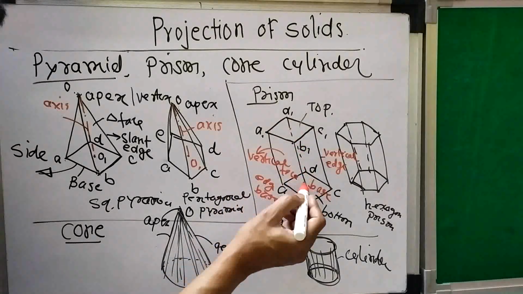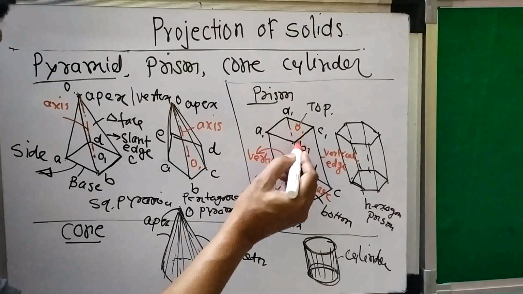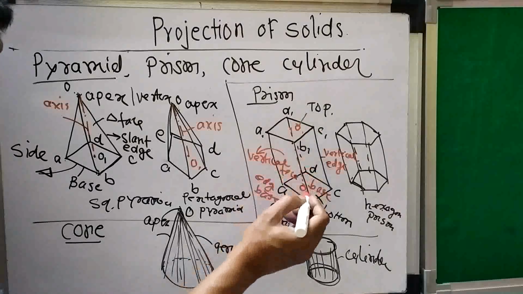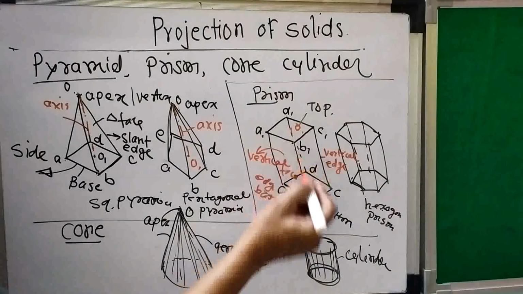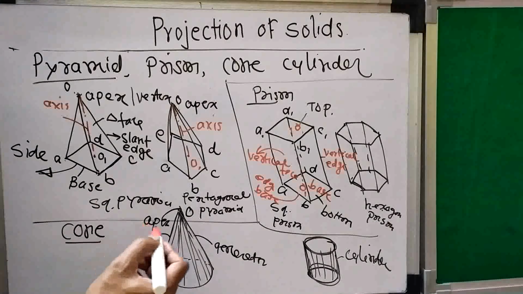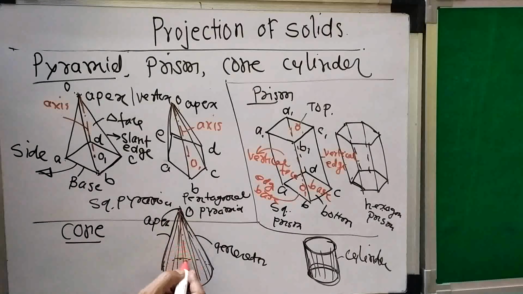Sometimes axis is also given. Suppose O1 and this O, or you can say this is O and this is O1. So OO1 as axis. Similarly, in case of a cone, you have the axis OO1 as a part, then circumference of base as a part, that is base as a part.